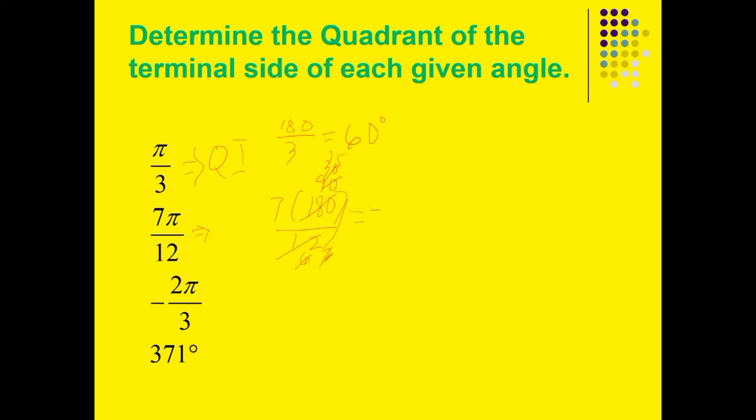So 7 times 15 is 105. So this belongs to quadrant 2.